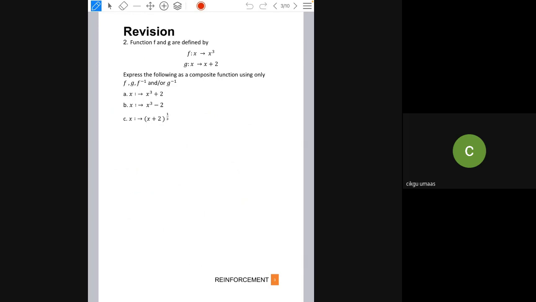We have done this before also. I don't know whether you still remember or not. Okay. Remember? So what I suggest all of you to do is first get for me the answer of F inverse and G inverse before we start the solution. I'm going to give you 2 minutes from now. I'm going to stop the recording because I want you to get first, then I record back again.